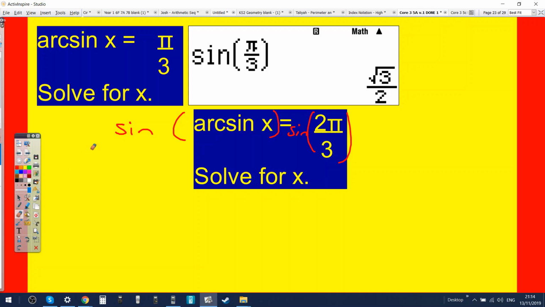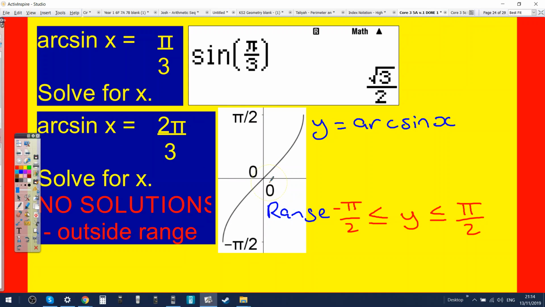How about this one underneath it? What is arcsine for this one? Sine 2 pi over 3, and if you put that in, you don't get an answer, and that's because it is outside the range.